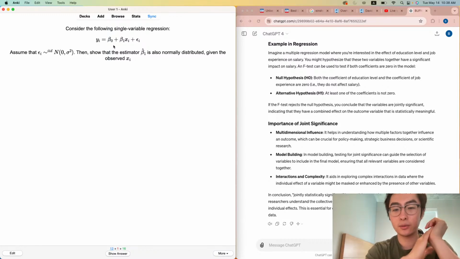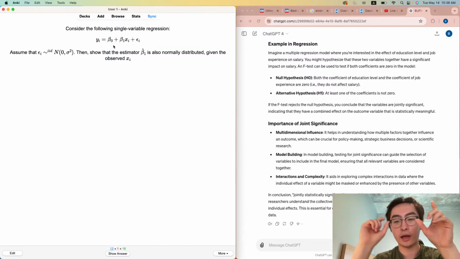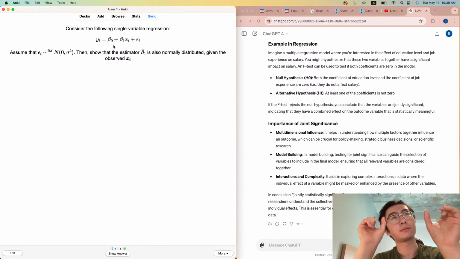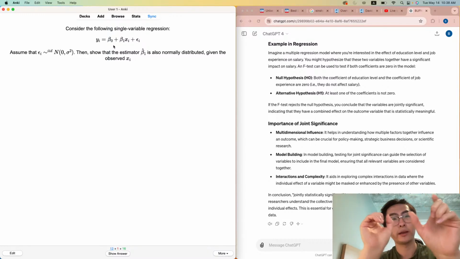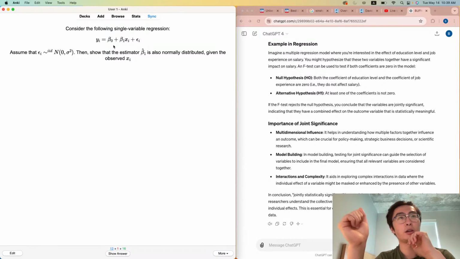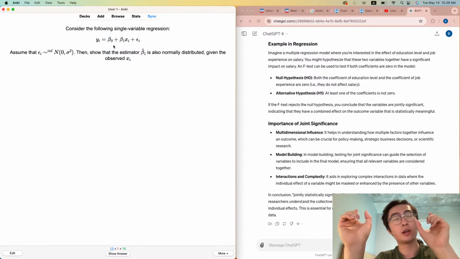I think there's a property with normal distributions where if you add two normal distributions, that becomes a normal distribution. In this case, we're taking y here and subtracting beta 1 x1 plus beta 0. So we're subtracting these two terms, and that's the same thing as adding the negative of these two terms.